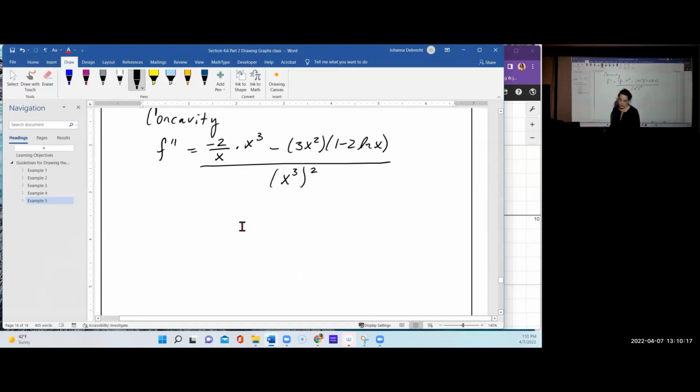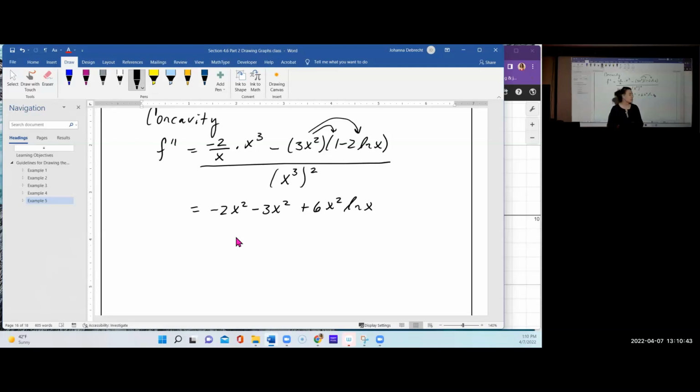Now we're going to do some algebra on this to reduce it. So x cubed divided by x gives us a negative 2x squared. Distributing out the next term, remember it helps to actually draw the arrows so you don't mess up the signs. That gives us negative 3x squared, and then plus 6x squared natural log of x.